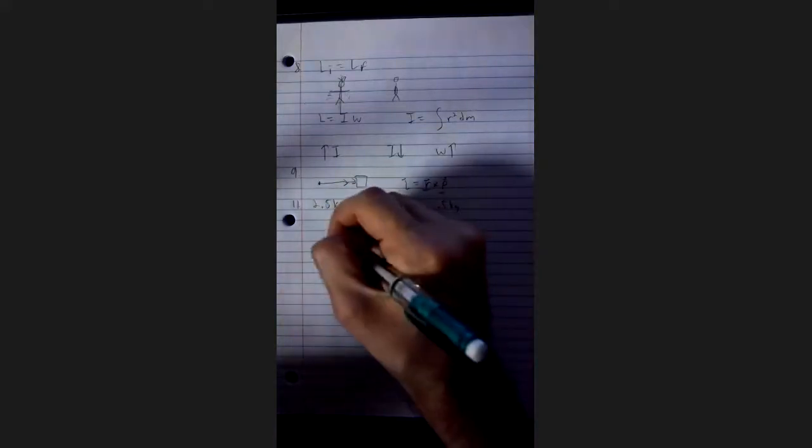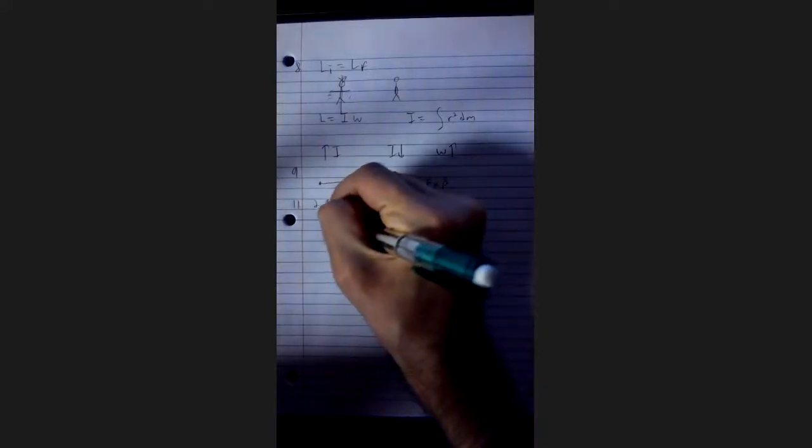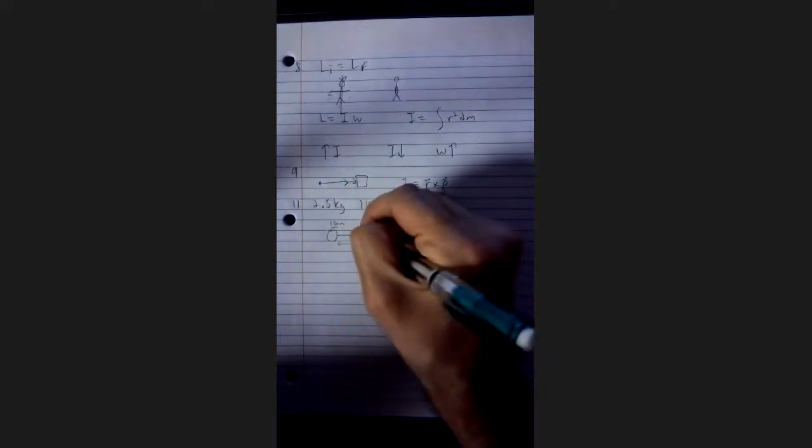What is the object's angular momentum? All right, so we have something like this. This distance is 10 centimeters, the radius of our object, and our rod is 1 meter long, and it's rotating about the center of mass.